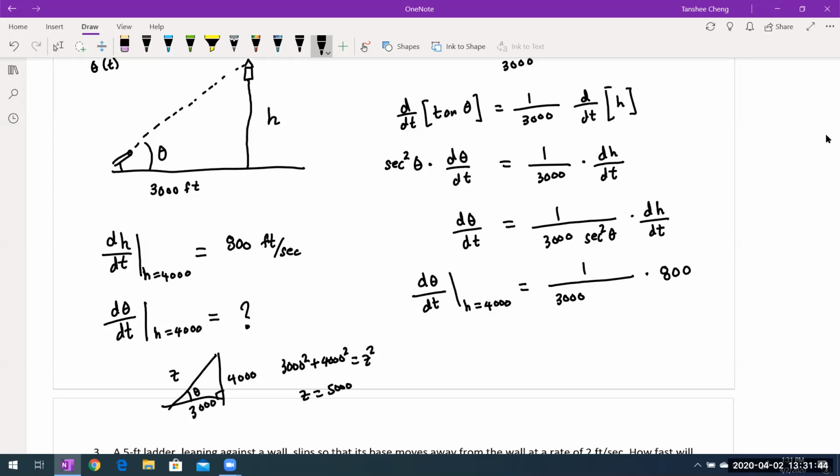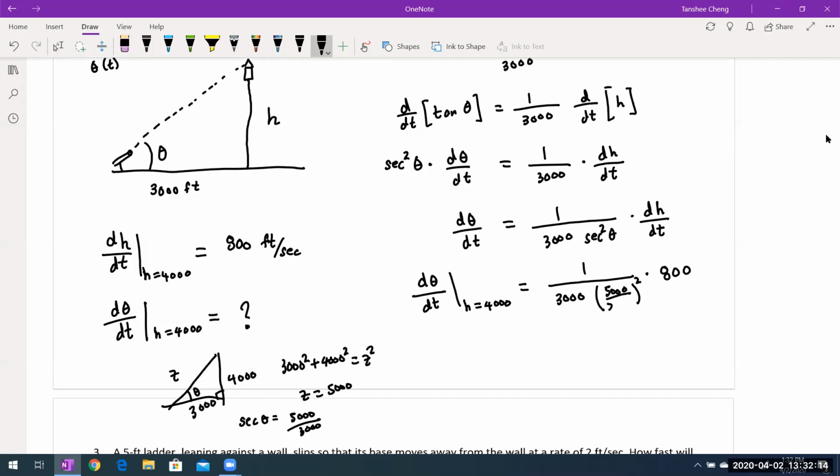Now that I have the z value, I can talk about sec θ. Sec θ is hypotenuse over adjacent, which is 5,000 over 3,000. Now I can plug it in right here: (5,000 over 3,000) squared.